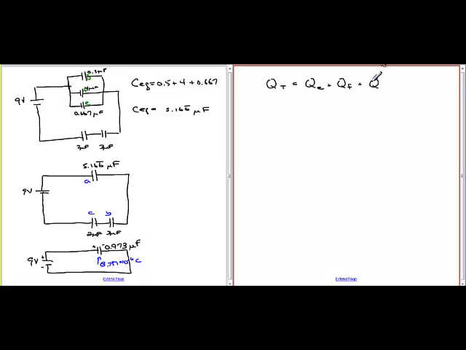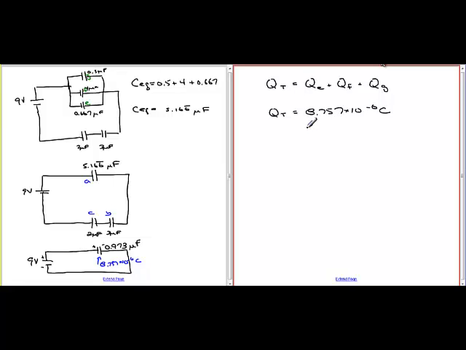So the charge that is on this equivalent capacitance, we know what that is. That's 8.757 times 10 to the minus 6 coulombs. And so this has to be broken up accordingly.